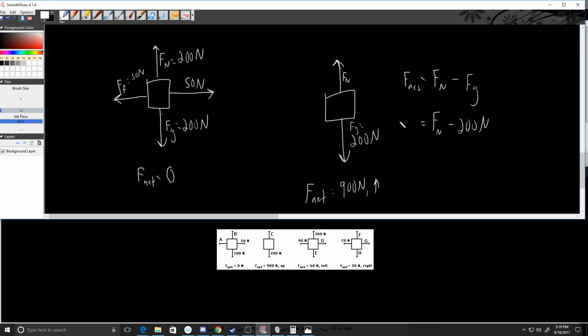We know the net force is 900. So now to get Fn by itself, we just add 200 to both sides. We should get 1,100 newtons. All right, other than that, practice problems and good luck.